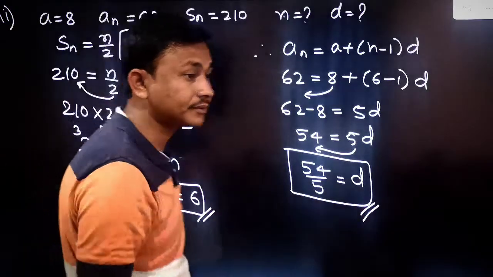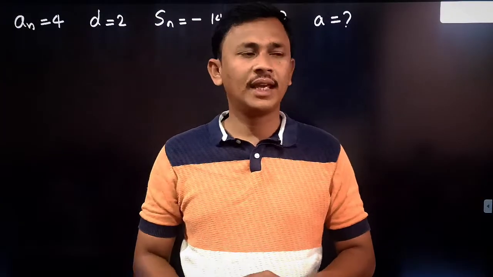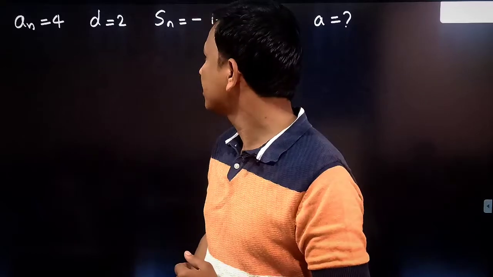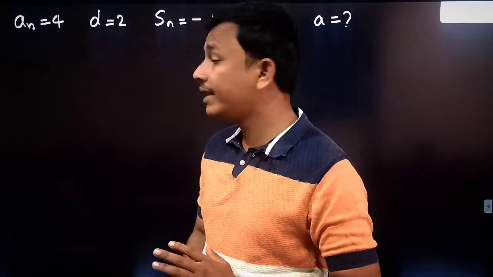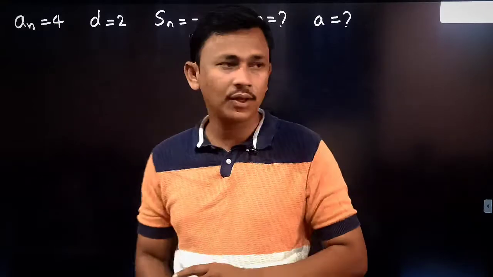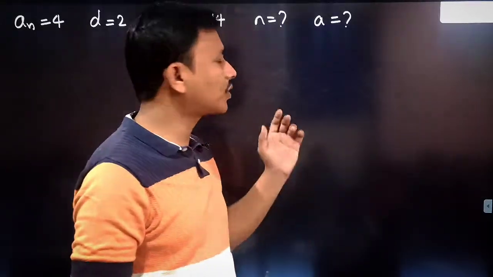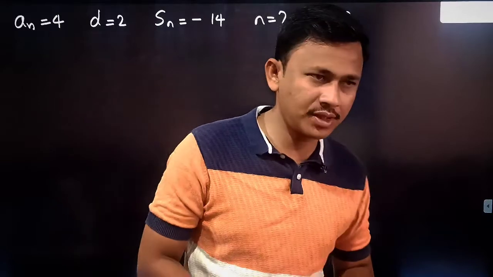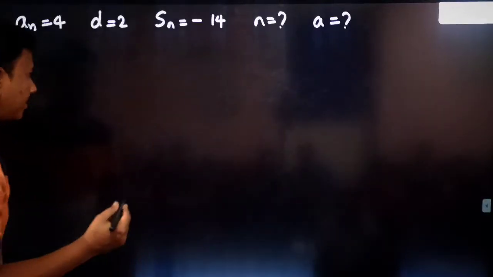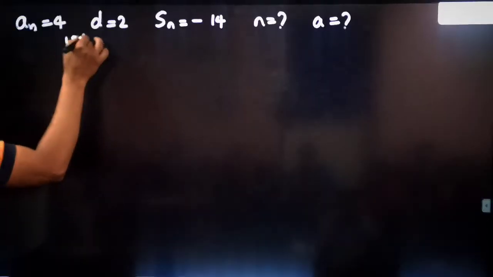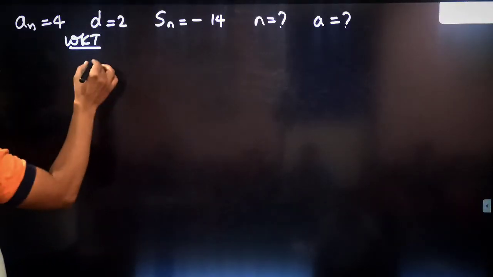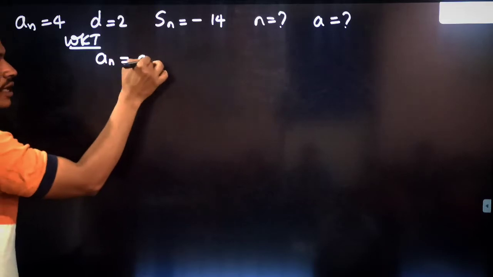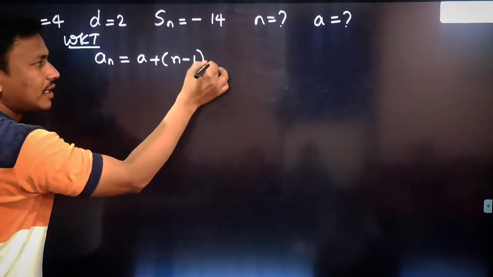Check it out. Next question: an is equal to 4, d is equal to 2, sn is equal to minus 14, n is equal to question mark, a is equal to question mark. Look here, we need to find out the n value. For that we need the an formula. An is equal to a plus (n minus 1) into d.